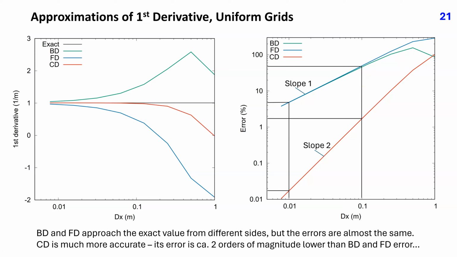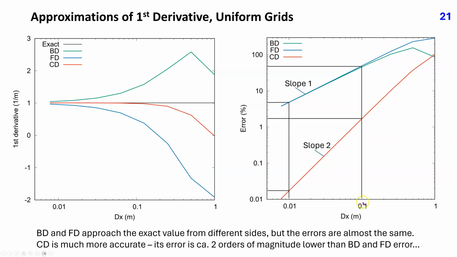The forward and backward differences are obviously first-order approximations because the slope of the line asymptotically becomes equal to unity. That is, when the grid spacing is reduced one order of magnitude, the error is also reduced one order of magnitude. The central difference approximation is of second order because the slope is 2.